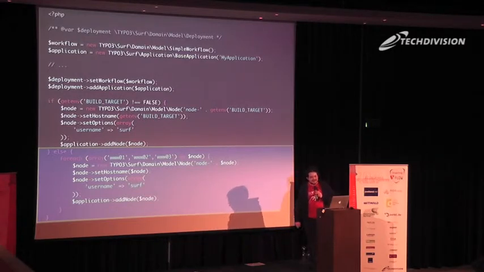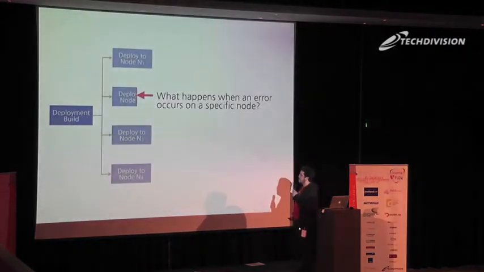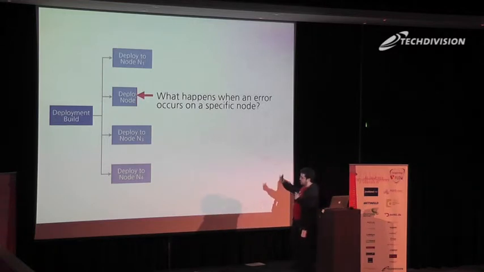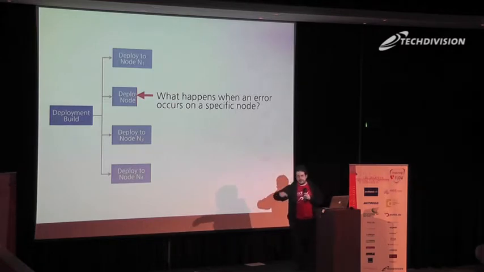Alright, so I said that there's a downside, and of course there is. One example is the scenario when the deployment fails for just one specific node. Let's imagine that you deploy to 4 nodes, and for whatever reason you can't deploy to node 2.